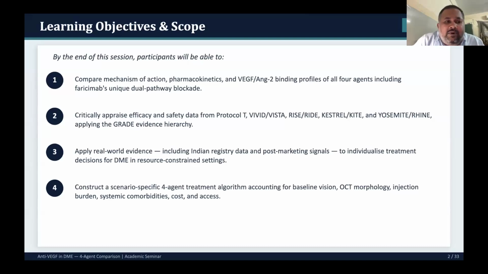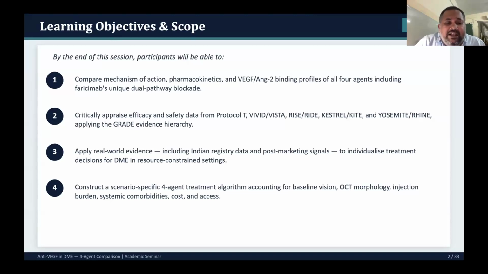So in this, we'll compare the mechanism of action, pharmacokinetics, and the VEGF binding profiles for all four agents, and appraise the efficacy and safety data from Protocol T, VIVID, VISTA, RISE, RIDE, KESTREL, KITE, YOSEMITE, RHINE, applying the GRADE evidence hierarchy.